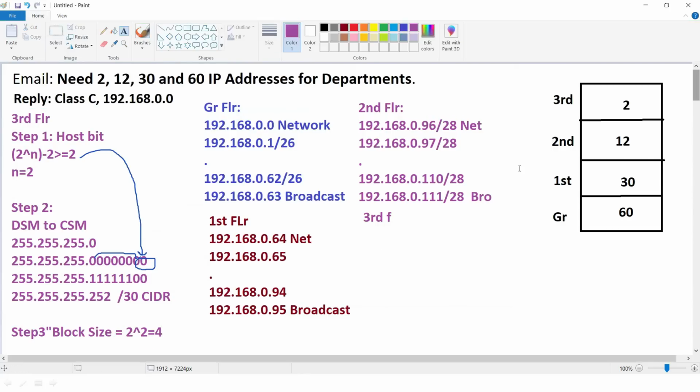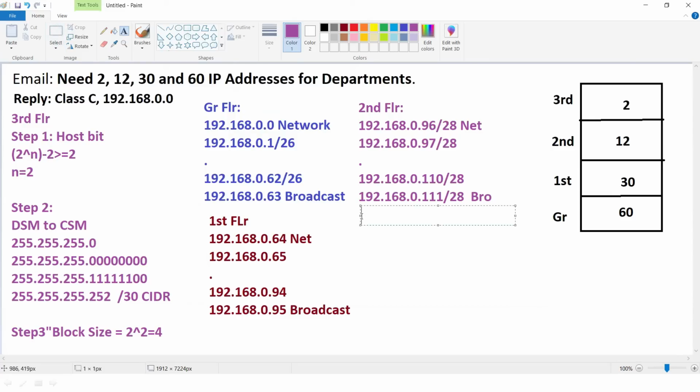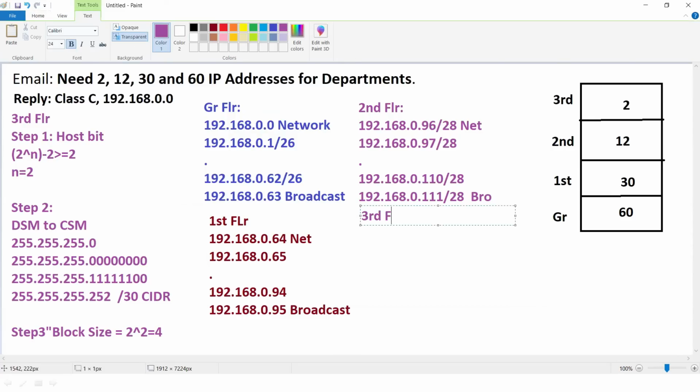Okay. Now let's calculate the IP addresses for the third floor. According to the calculation, the total IP addresses allotted are only 4 IP addresses for the third floor. The first IP address will be 192.168.0.112 slash 30.